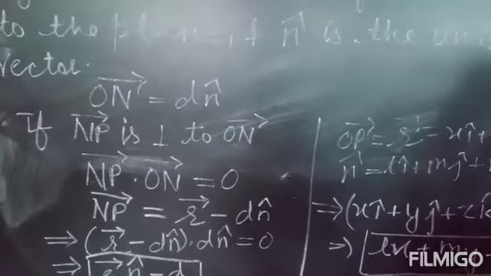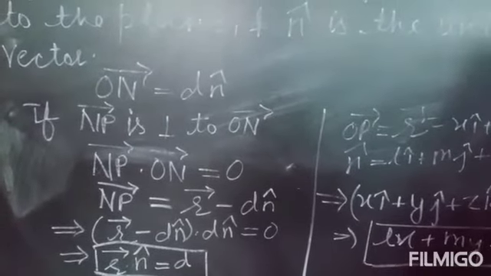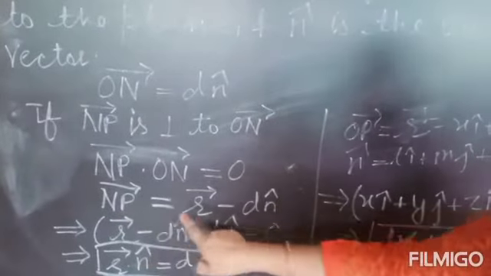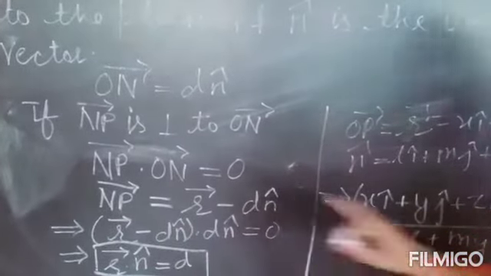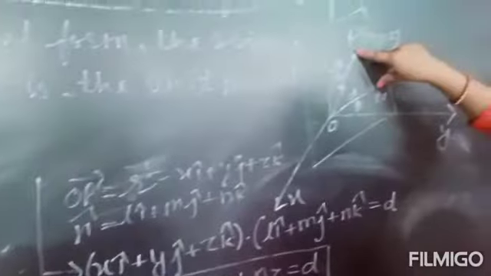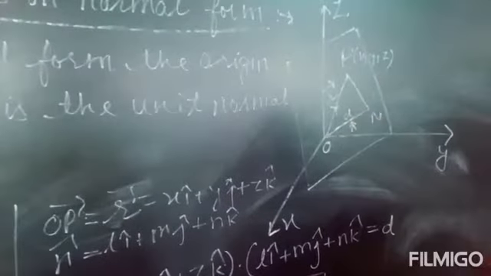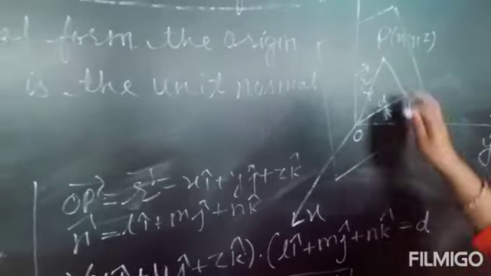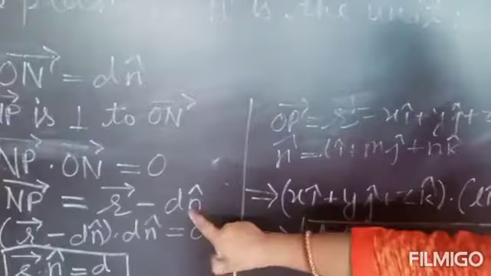Clear students? We have studied this in the previous chapter on vectors. And NP is equal to r vector minus d n vector. Why? Because we are applying the triangular law of vector addition.